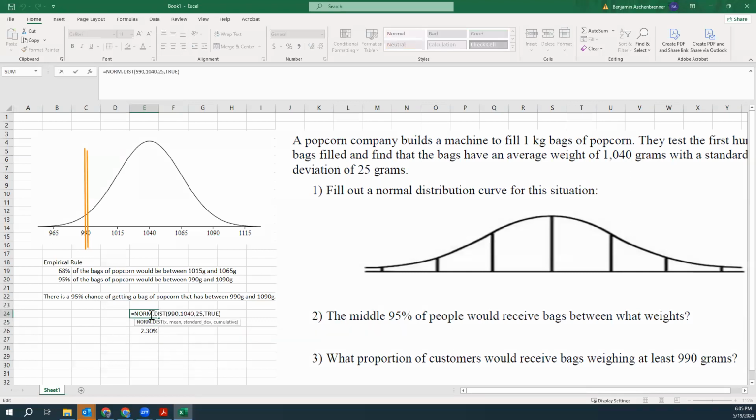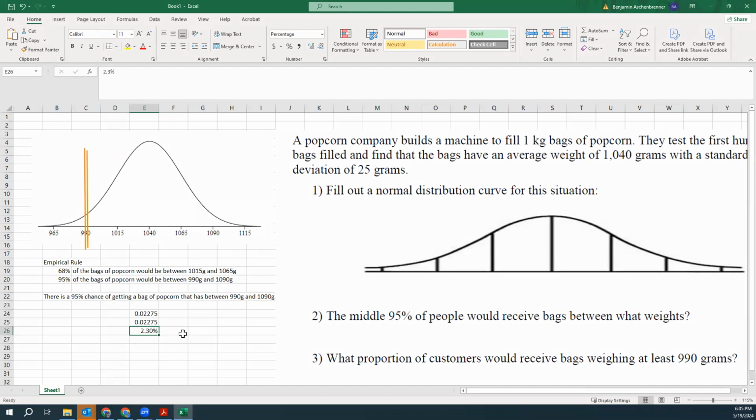So this is just using the value, the mean, and the standard deviation, whereas this is using the standardized value, the -2, which is the result of doing x minus mu divided by sigma. Okay, so 2.3% is my answer.